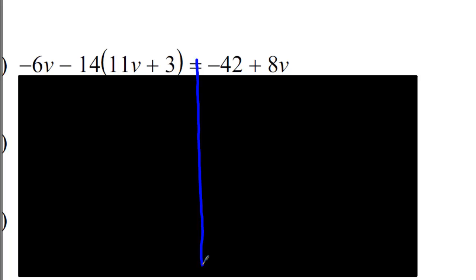First, you have to get rid of this parentheses for you to move on, okay? This negative 6b is not next to the parentheses, so rewrite it. We will multiply everything inside the parentheses times the number outside the parentheses. So negative 14 times 11.